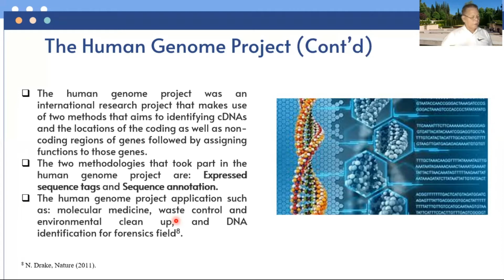Expressed sequence tags are short subsequences of cDNA sequence, and the methodology involving expressed sequence tag focus on identifying all the genes that are expressed as RNA. Sequence annotation is the process of identifying the location of gene and all the coding region in the genome and further determining the role of those genes.